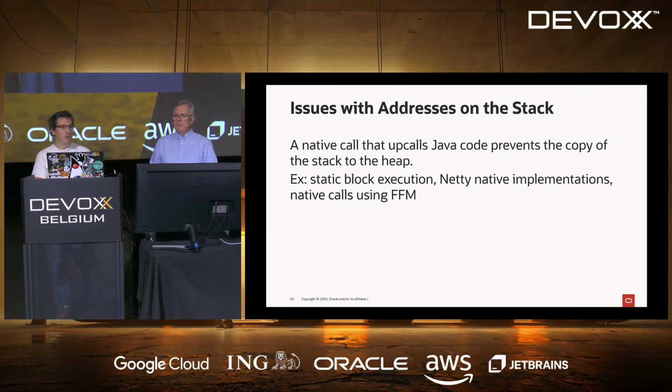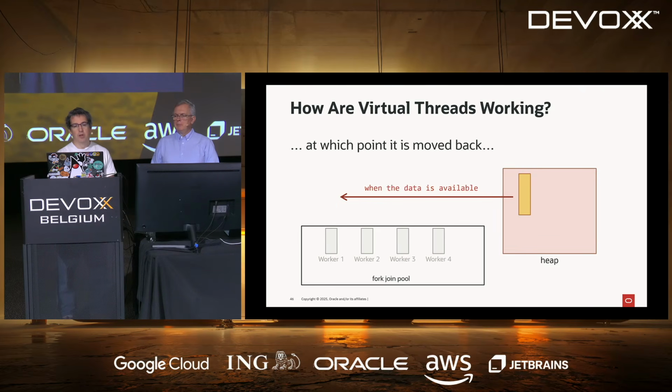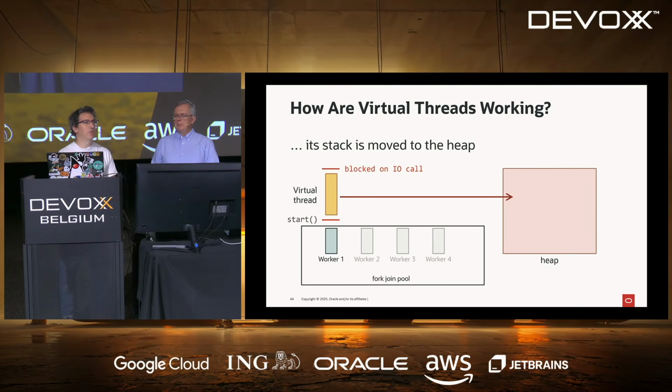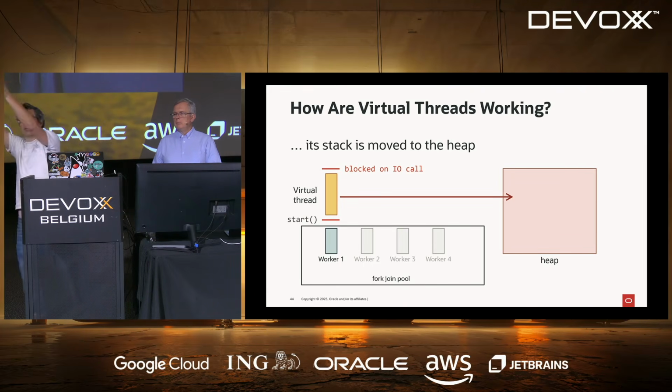There are some issues that will prevent you from copying that thread. The problem is if the virtual thread contains a C stack. You can have this kind of thing when your Java calls C code that will call another Java call.